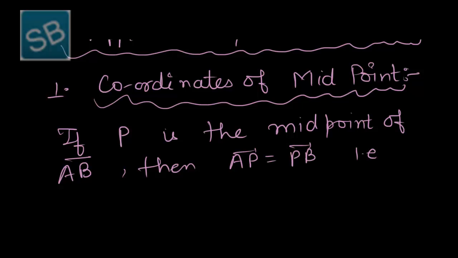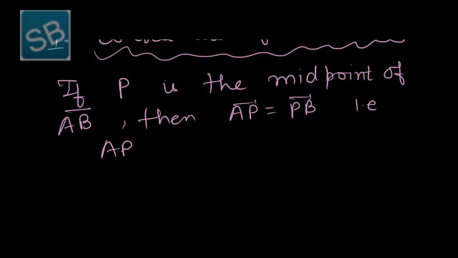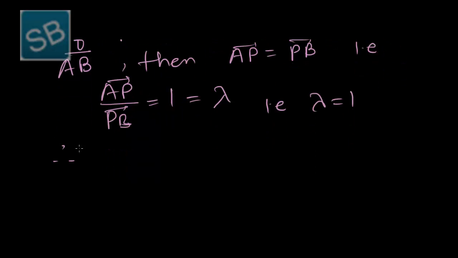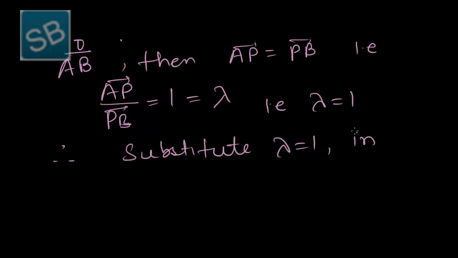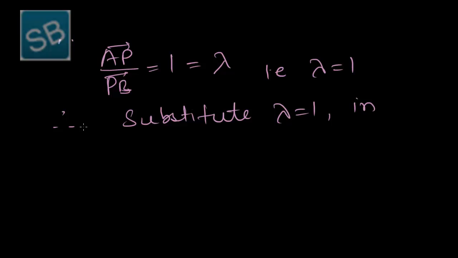That is, AP over PB is equal to 1. That gives lambda, that is, lambda is equal to 1. Therefore, substitute lambda equal to 1 in the section formula as we did in the previous lecture.